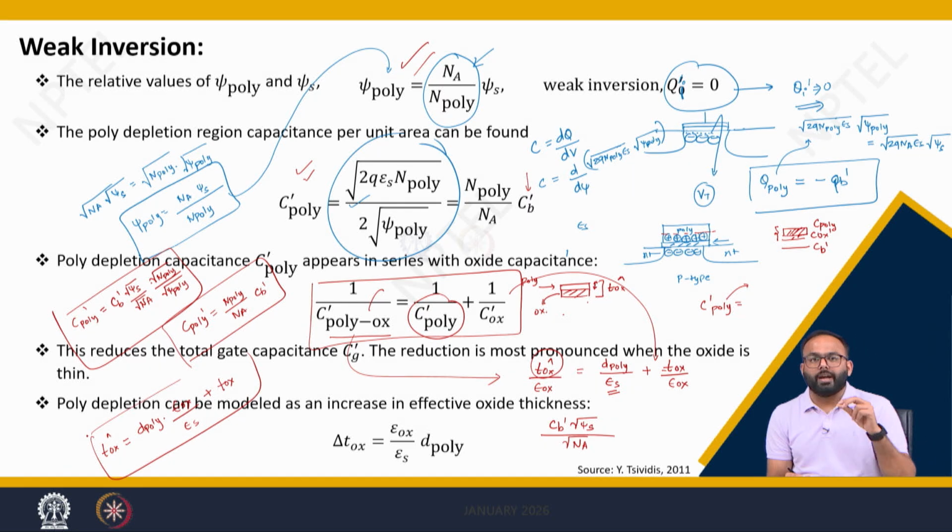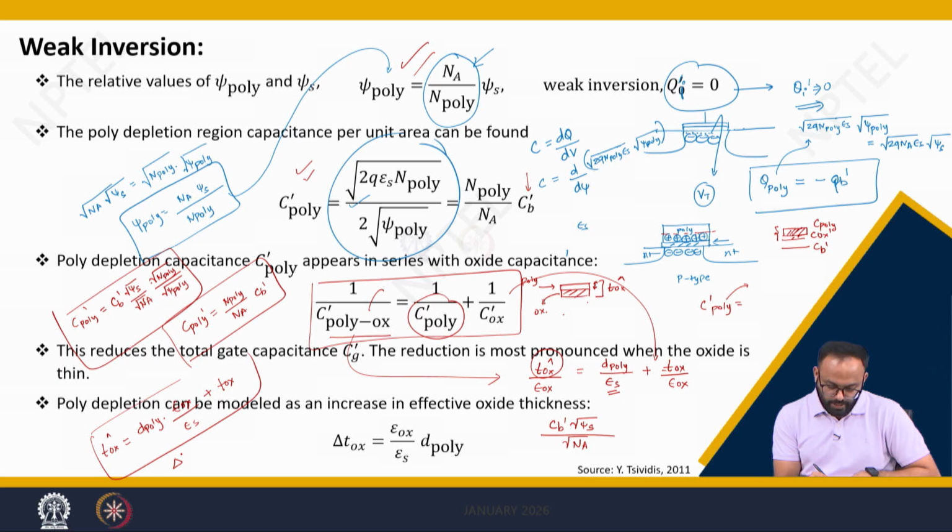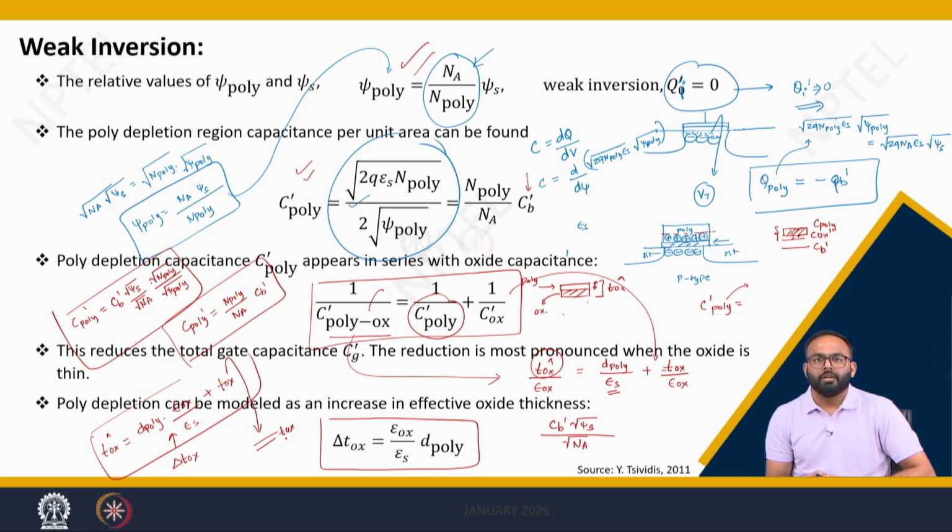And now, if you want to find the change in the effective oxide thickness, it is nothing but delta Tox, given by the first term, because the second term is nothing but the oxide layer thickness, which is Tox, correct.